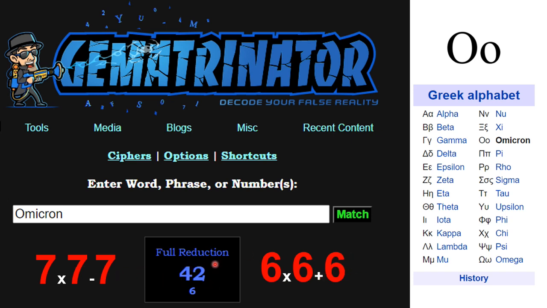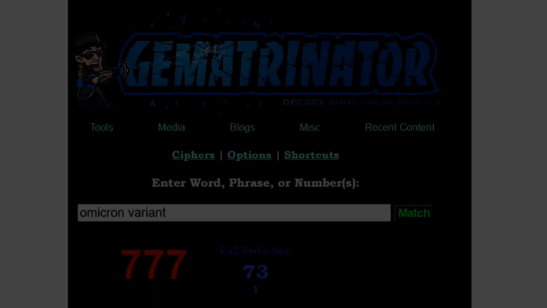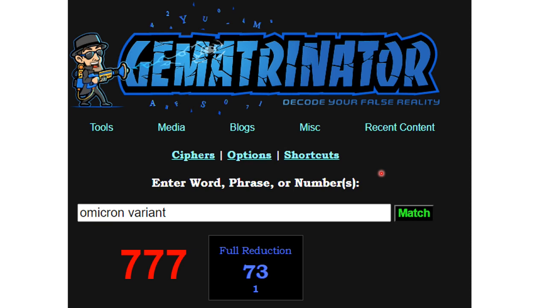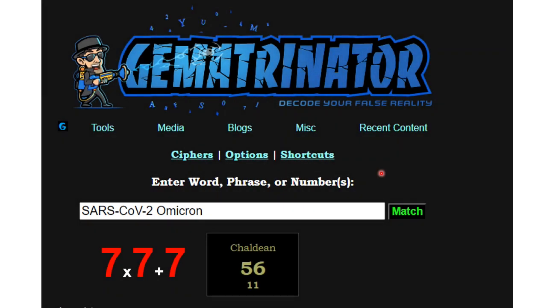So the main code number that incorporates two massive codes, 777 and 666. And the Omicron variant is 73 in Pythagorean for 3 sevens for 777. And SARS-CoV-2 Omicron is 56 in Chaldean numerology for 7 times 7, 49 plus 7 for 56.